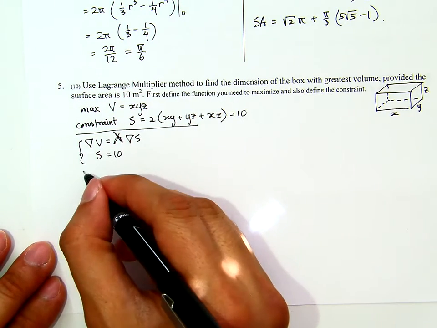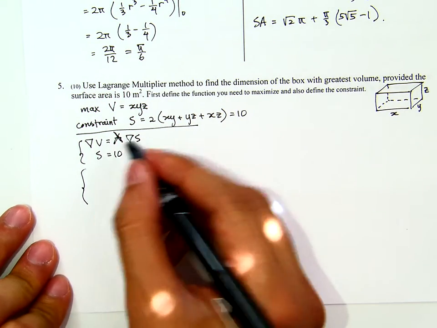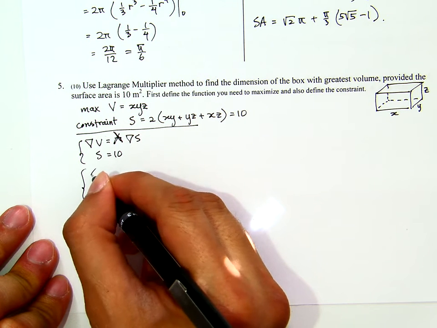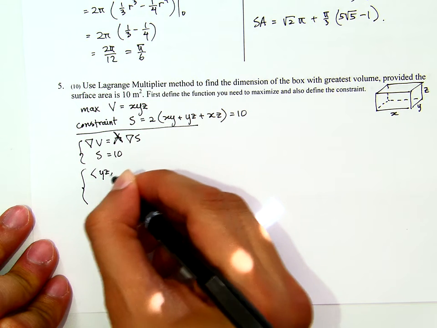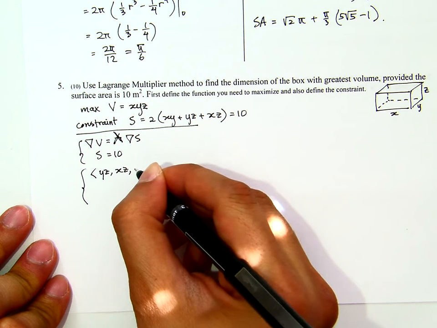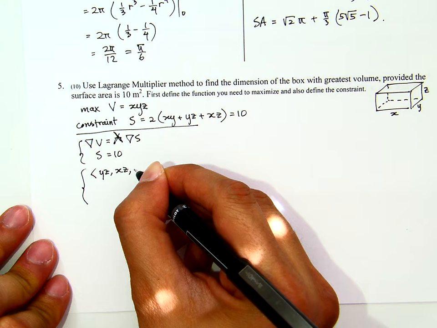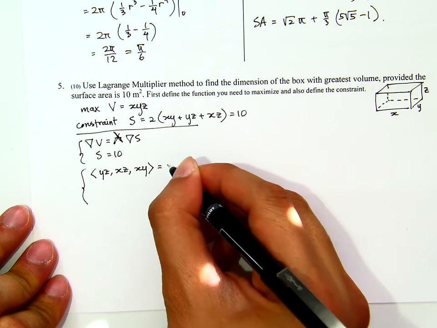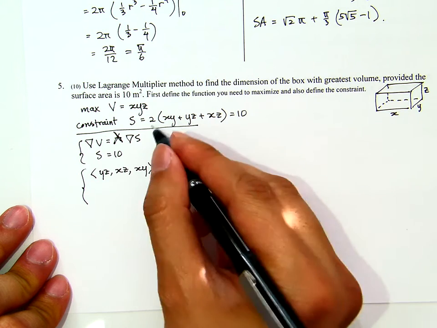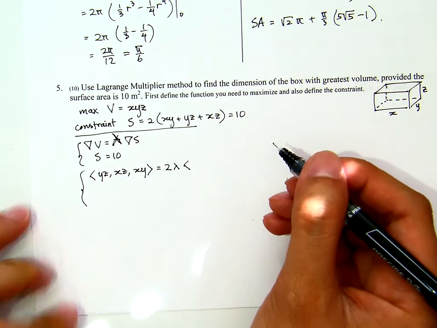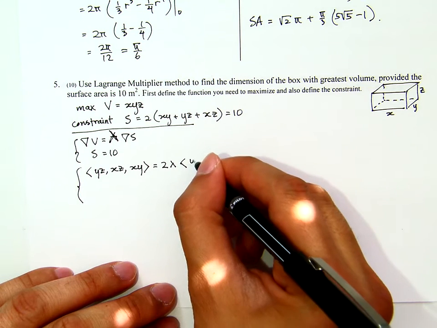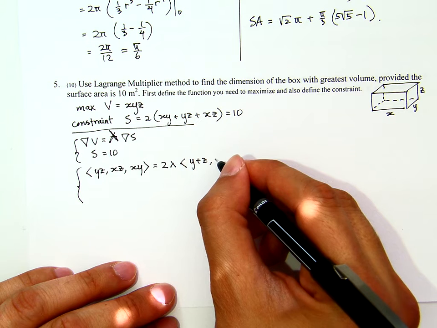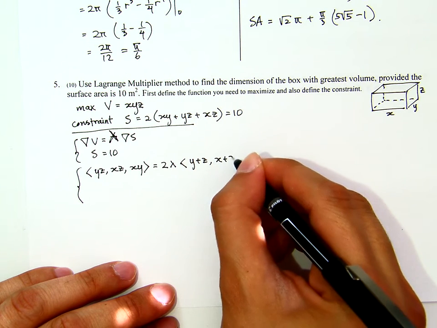Now if I break it up further, you will see del V will be (yz, xz, xy) equals 2 lambda times (y plus z, x plus z, x plus y).